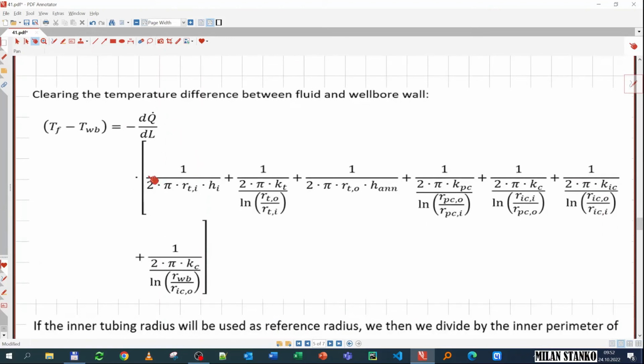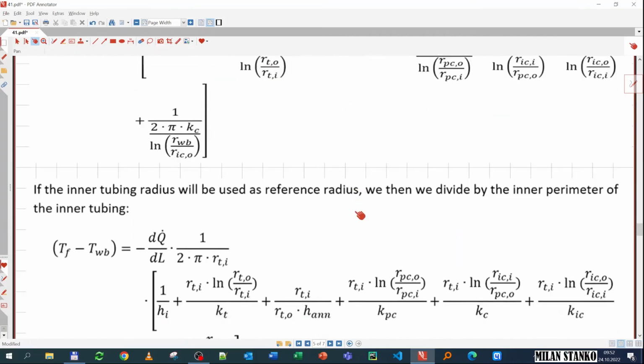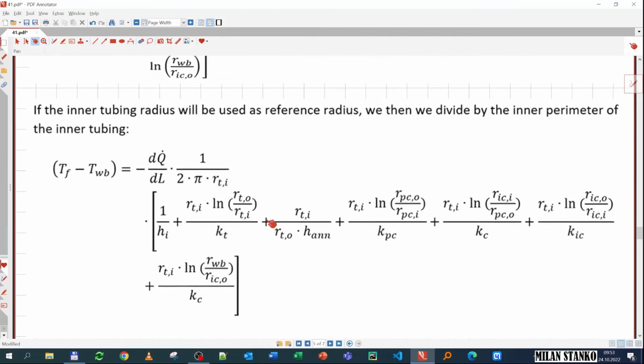One area which is typically used in wells is the one defined by the inner radius of the tubing. So I can multiply up and down, not to modify the expression, by the inner radius of the tubing. When I multiply all of this, this is going to cancel out, and the 2 pi is going to cancel out in most of the terms, but the internal radius of the tubing will be multiplying the upper part here.